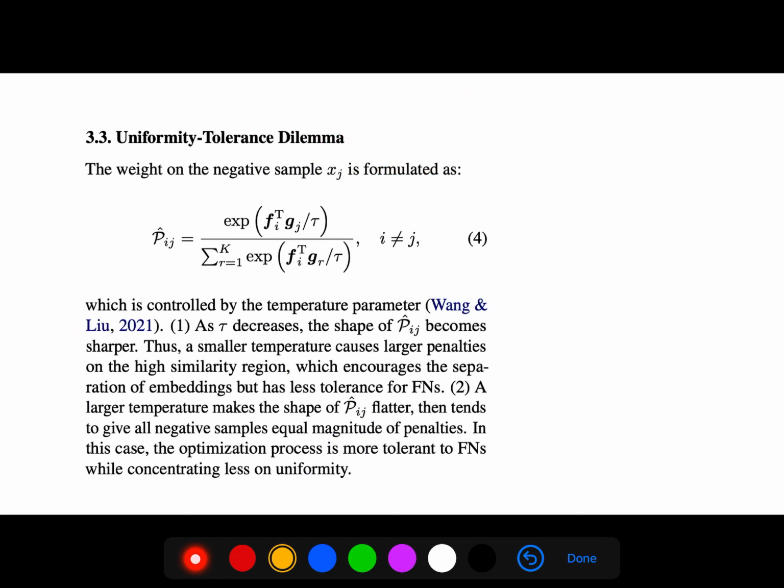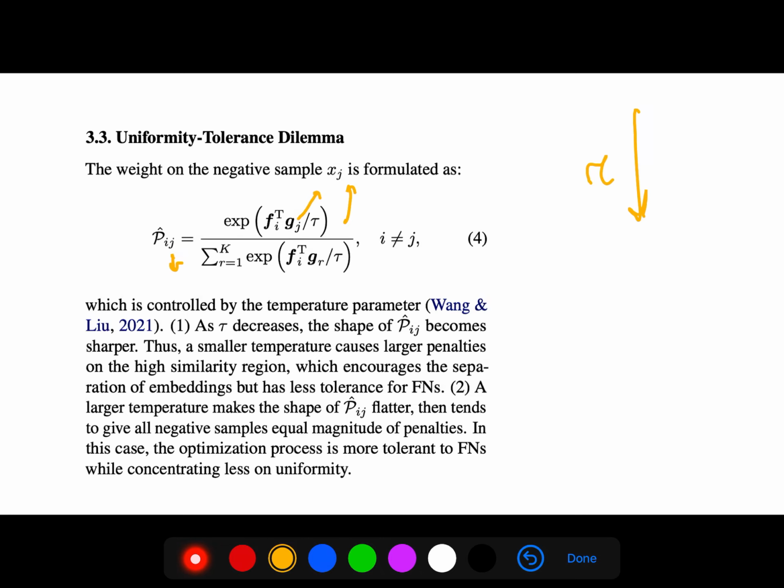Uniformity tolerance dilemma. The weight on the negative sample x_j is like this. This is the weight on the negative sample, which is controlled by the temperature parameter. As tau decreases, the shape of P_ij becomes sharper and sharper.